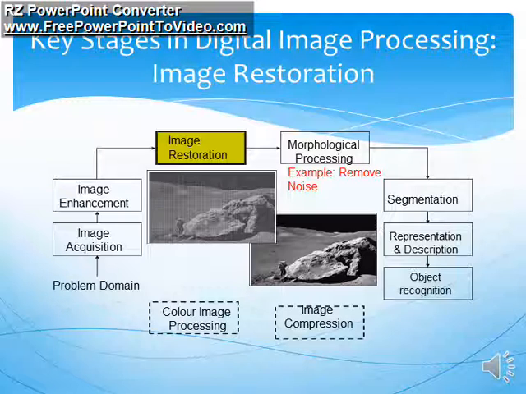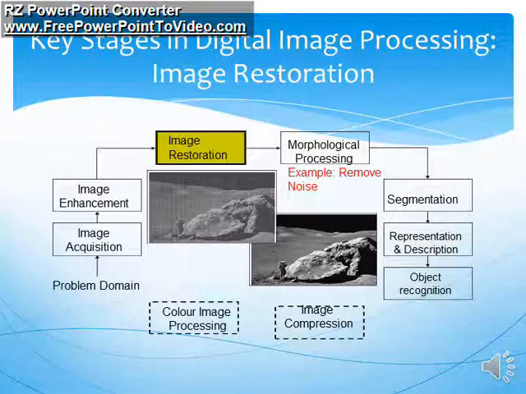Here one example has been given where we can see noise has been removed. The input image has much more noise, whereas after this noise removal technique, we can have the output image which is much more clear compared to the input image. So this is one type of image restoration technique.